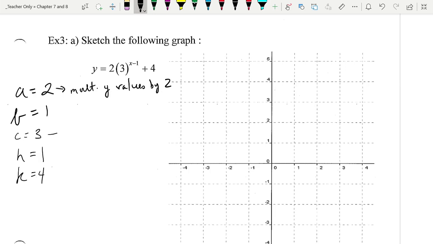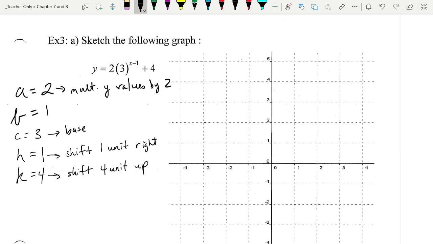The 3 is my base. This, of course, means shift 1 unit to the right. And this 4 means shift 4 units up.